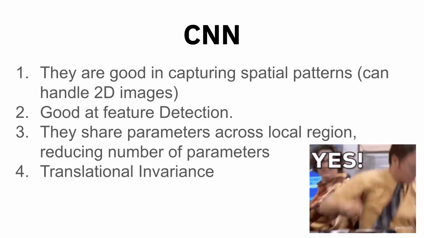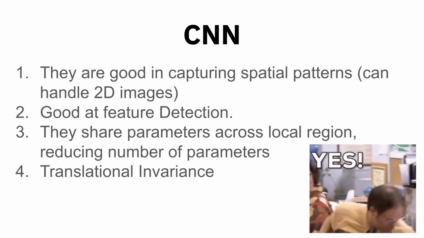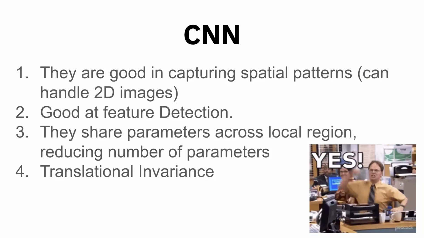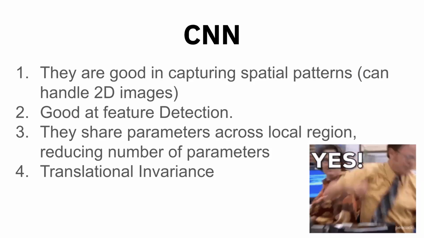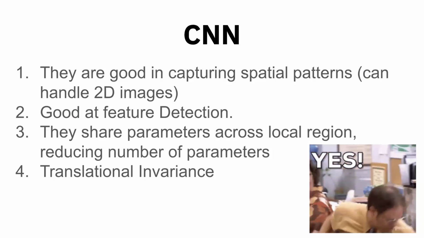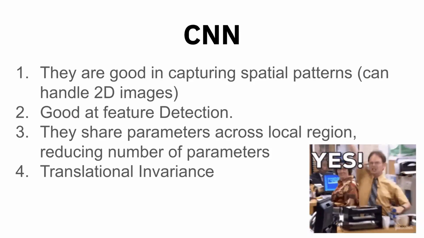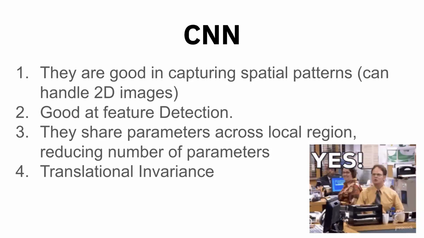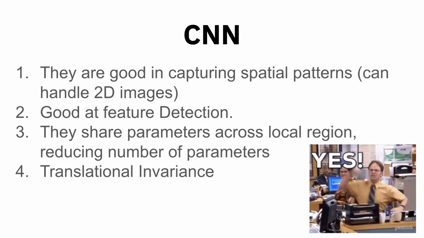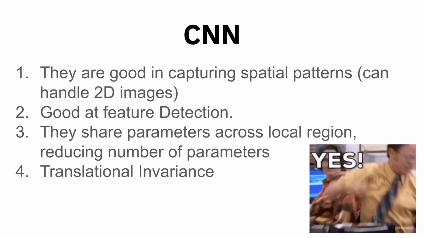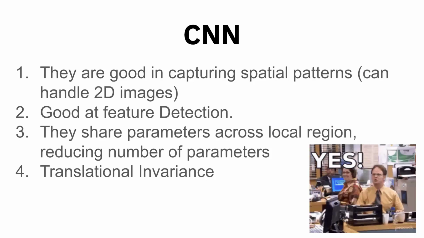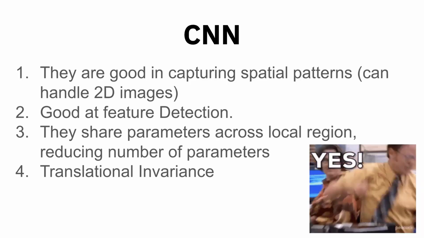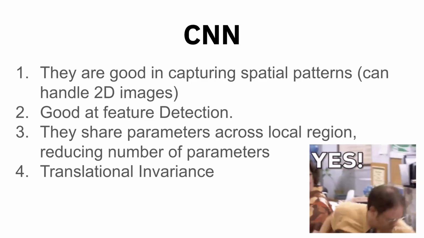More will be taught on that in the lecture, Monday or Wednesday, not sure. They are also good feature detection models because you use kernels. The most important bit is that you're sharing parameters across your architecture, so you won't need 10 to the power of 12 parameters. Sharing weights drastically reduces the number of parameters in your model.